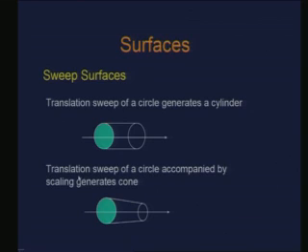If I use translation sweep accompanied with scaling, then I can generate frustums or cones, right. And if I, let us say, add a rotational transformation, I can generate things like a helix, right, twisted elements, right.